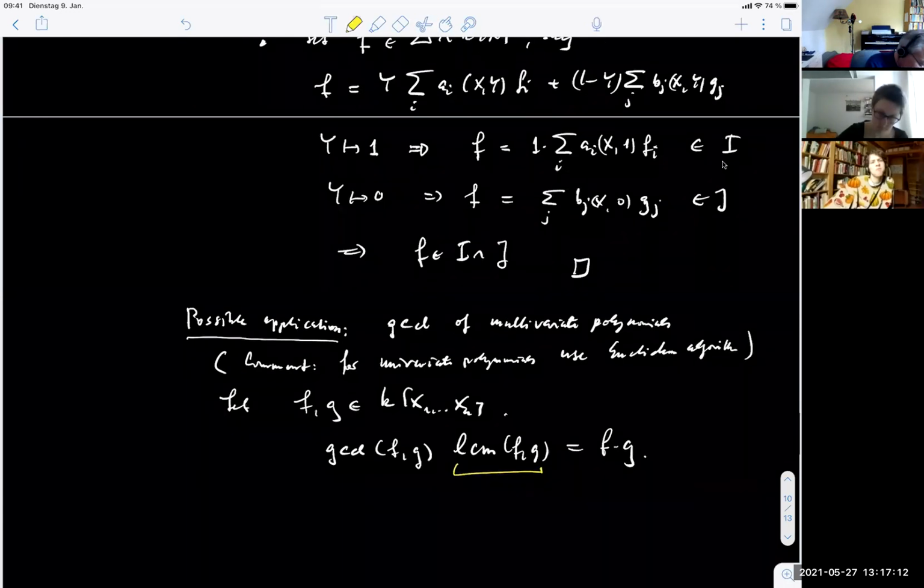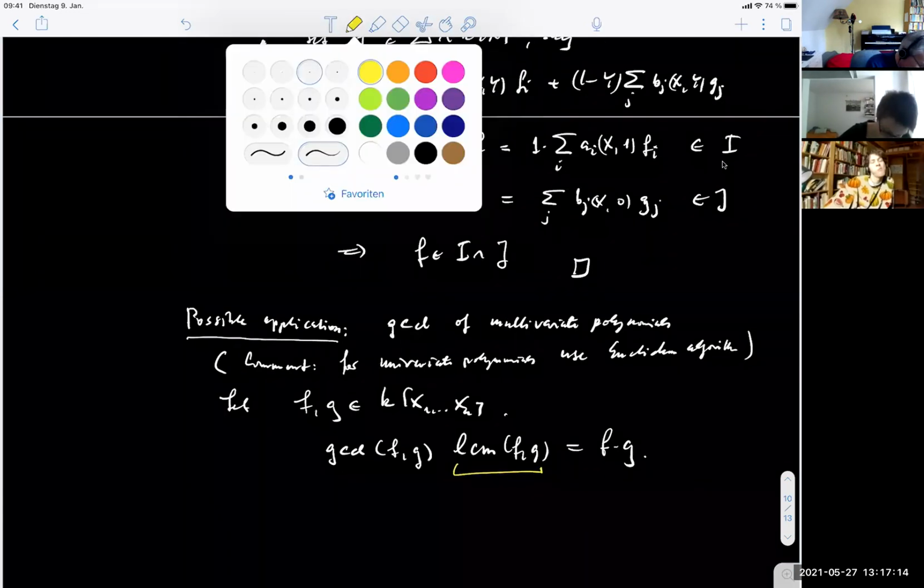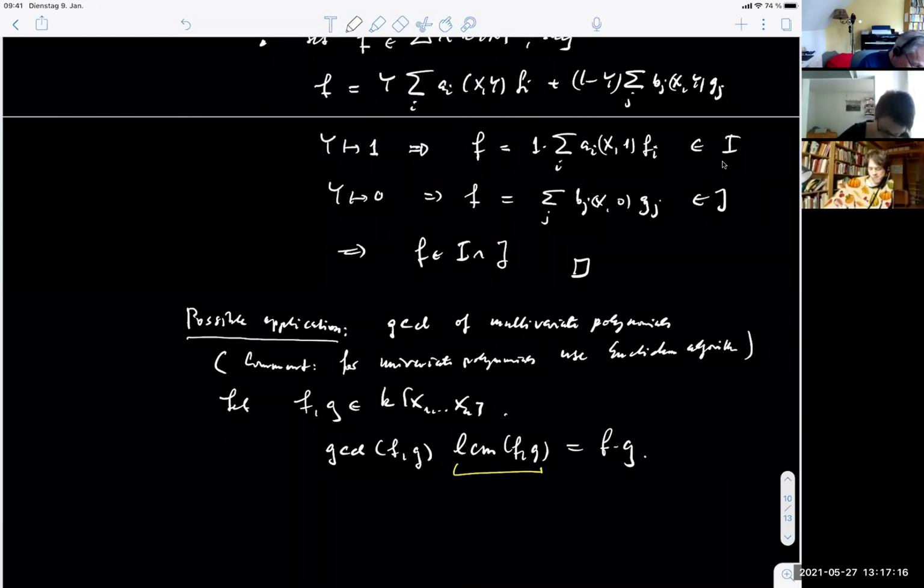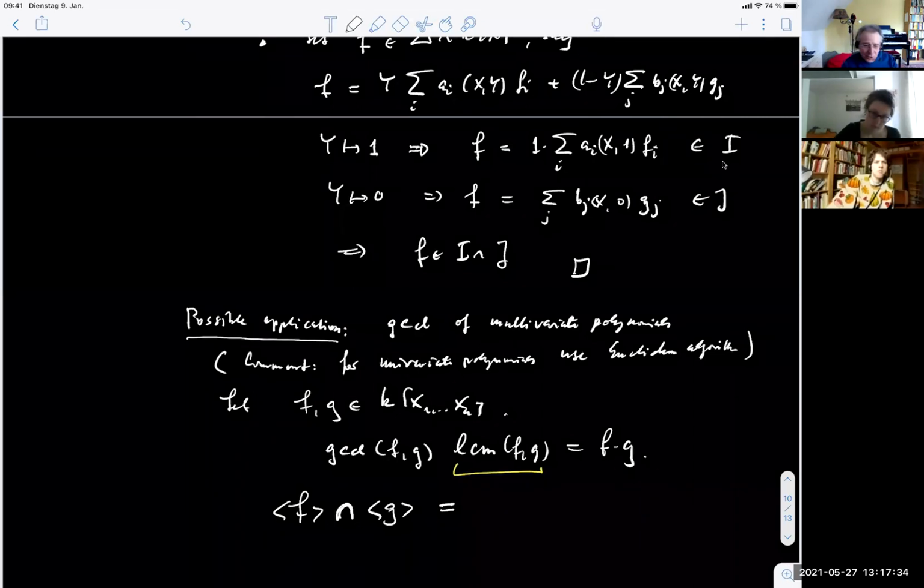Now this is just the observation. I look at the principal ideals generated by f and generated by g, and I intersect the two principal ideals. Because the polynomial ring has unique factorization, we know this is generated by the least common multiple.